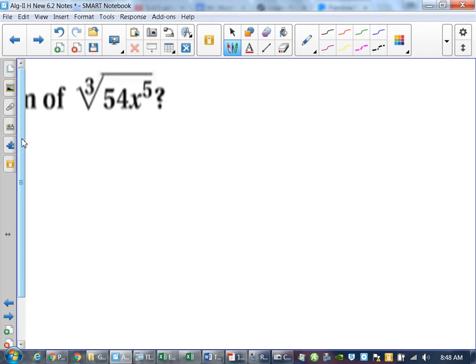So, what's the perfect cube that's hiding in a 54? 27, very good. I can rewrite this as 27 times 2, and then I have x to the 5th. So what's the cube root of 27?